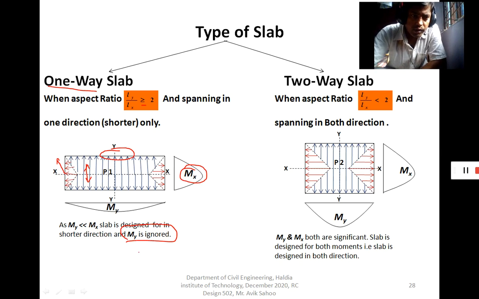That's why the moment Mx is computed, and My is not considered because its value is small, so we can ignore it.